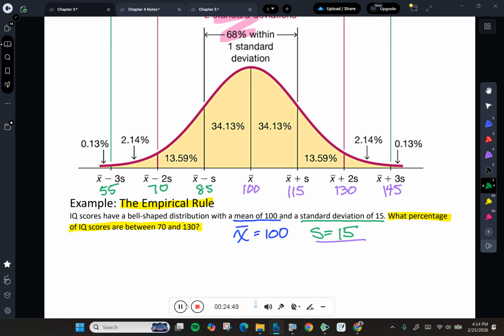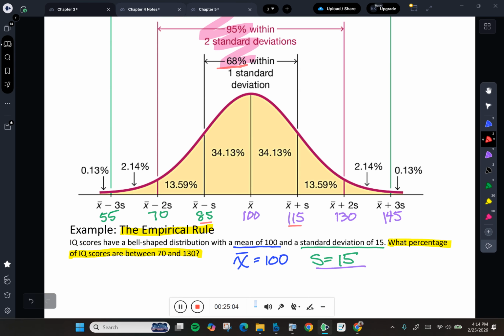So what does this layout up here on this graph tell me? Well, it tells me that about 68% of the people have an IQ between 85 and 115. Or if I go 2 standard deviations out, 70 to 130 is about 95% of the people.